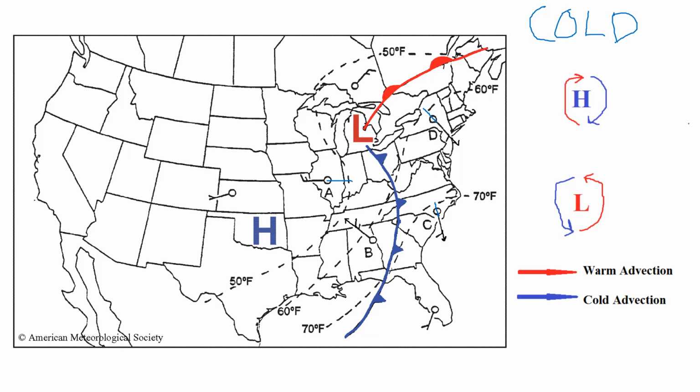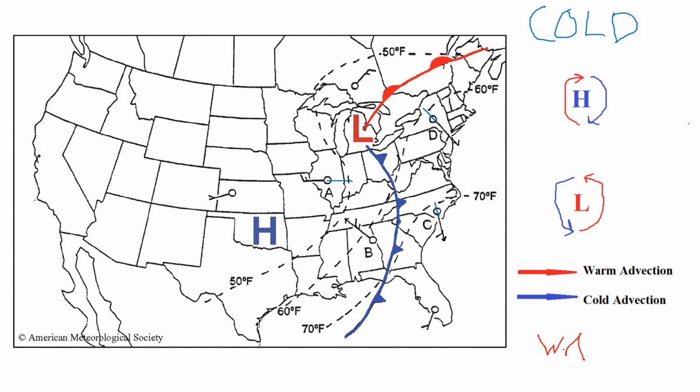Meanwhile, as you head towards the southern portion of the map, you're heading towards warm air. And how does this relate to pressure systems? Let me just write warm here real quick.